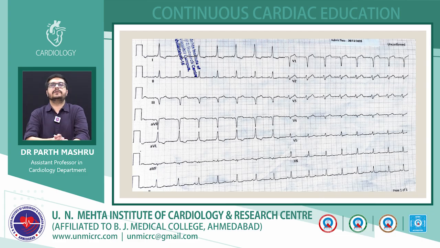So another example. I give you 10 seconds to apply the logic and reach the diagnosis in your mind, and then I will give you the answer. So first of all, what I do is look at lead V1, right? So what is lead V1 over here? Lead V1 is negative and lead V2 is positive. So there is transition between V1 and V2.